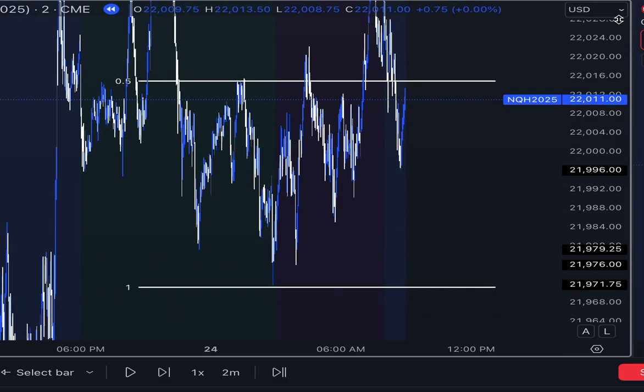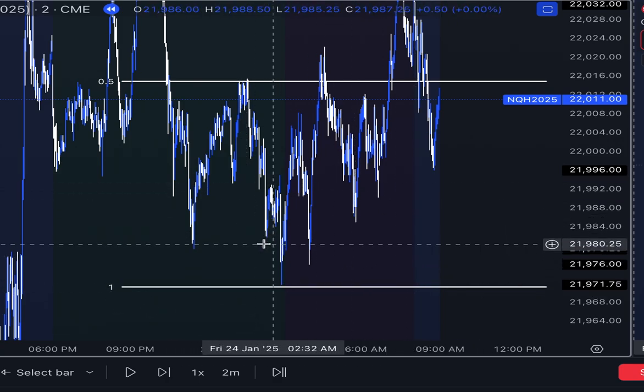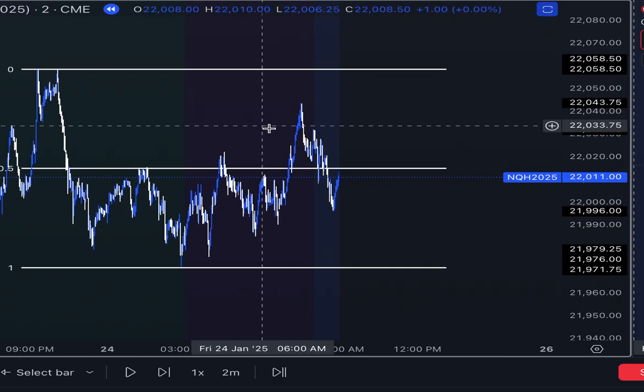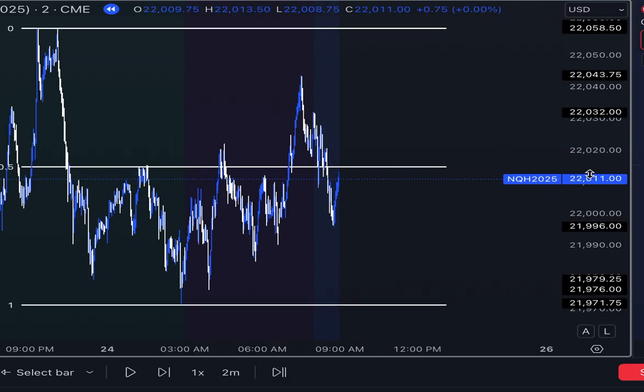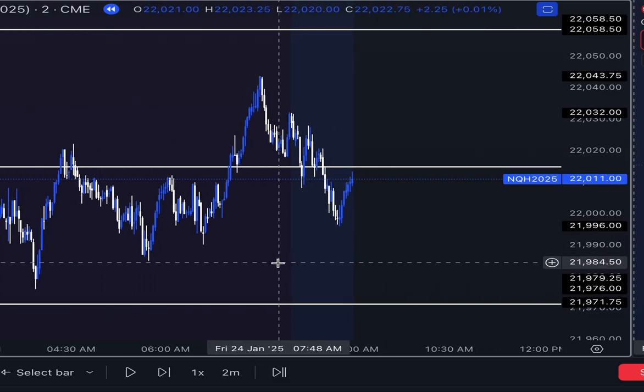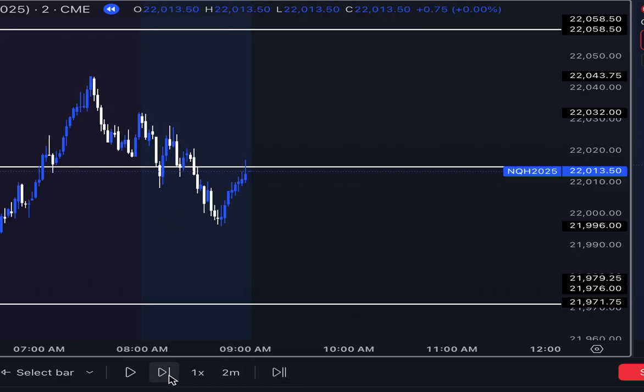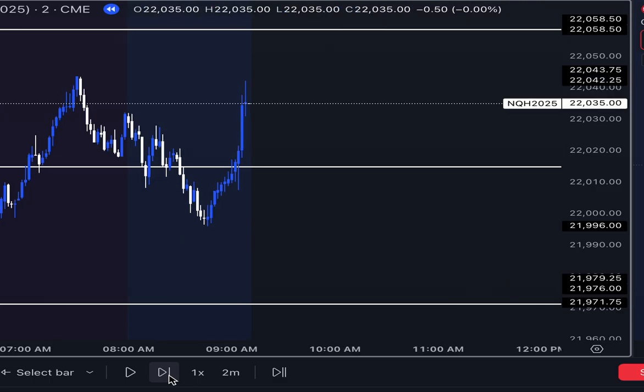So anywhere from down here would be better conditions to long. Anything from up here would be better conditions to short. Right? Now we're not just solely taking a trade based off premium or discount. If you do that, you're going to get wrecked. Please don't do that. That is not financial advice.